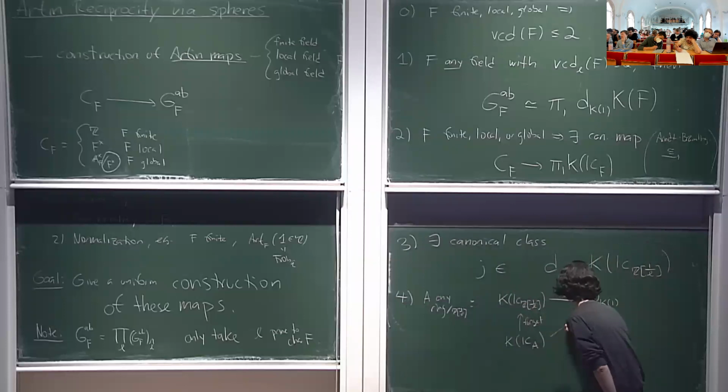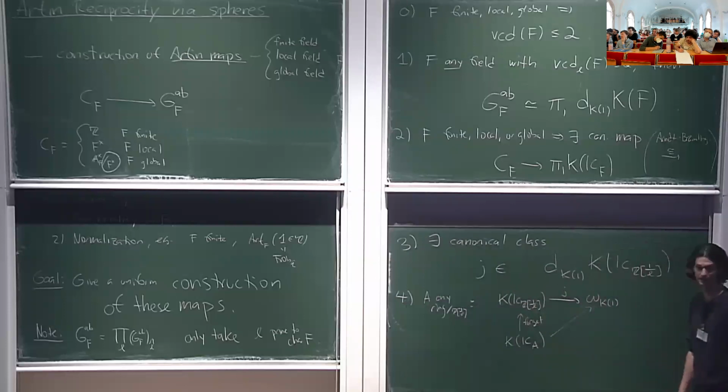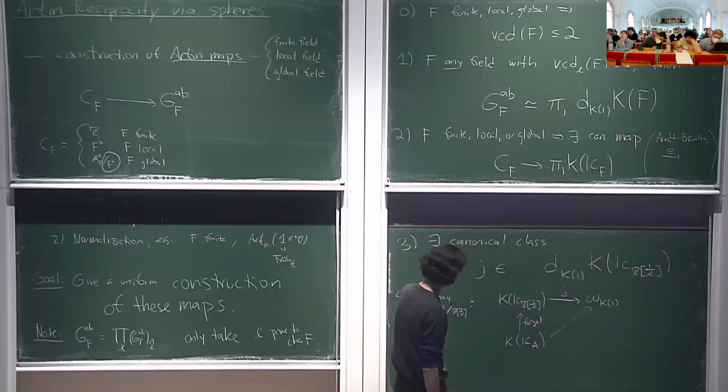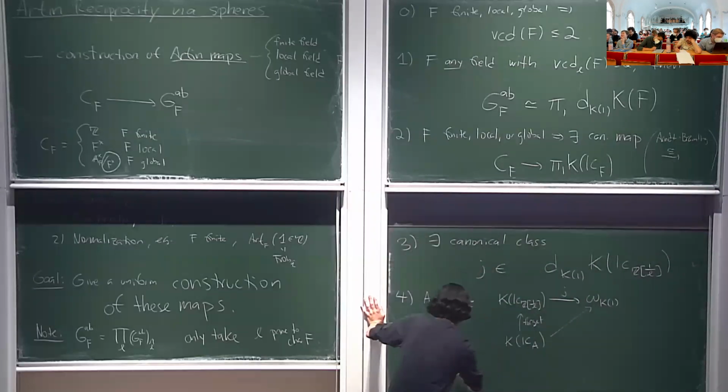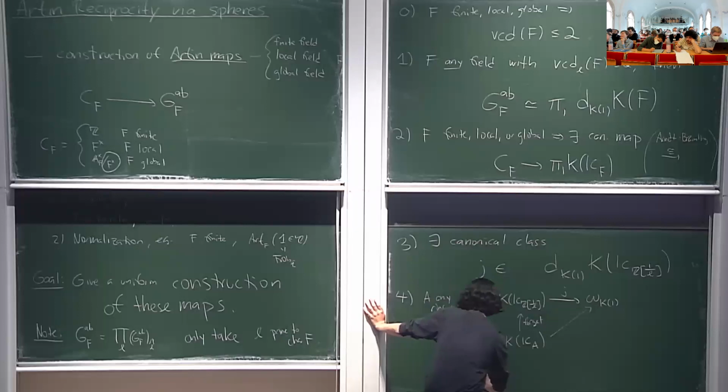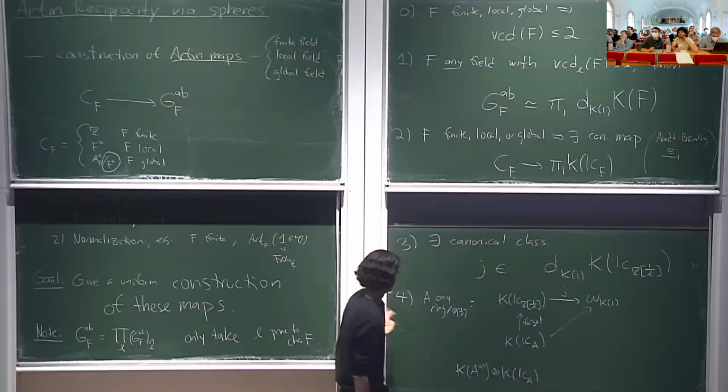And then we can just compose and we get a map like this. But now that we're here, we can take A op, I guess. Maybe I shouldn't have tried to do this generality. I'm going to get confused about A versus A op.